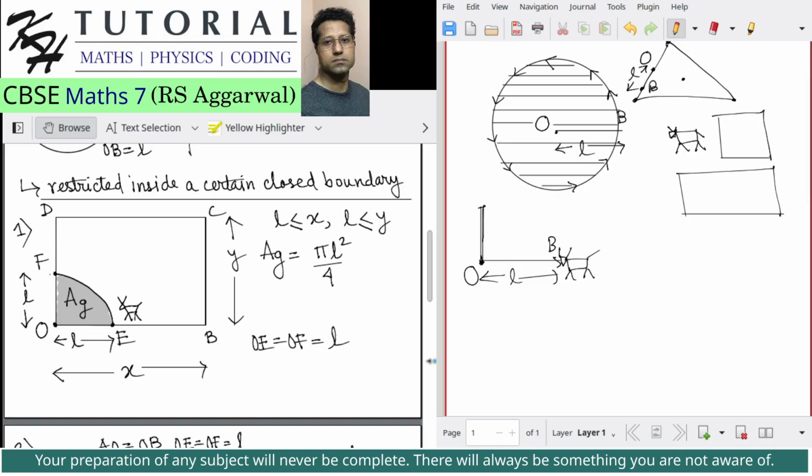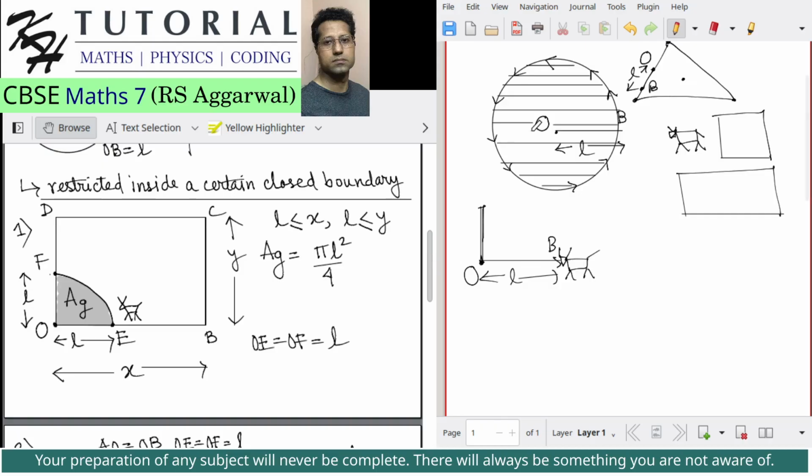In this restricted mode, the animal is inside a certain closed boundary. Now consider the closed boundary to be a rectangle whose length is x and whose width is y. Consider the foot of the pole where the animal is tied to be the left bottom corner, that is vertex O of the rectangle.